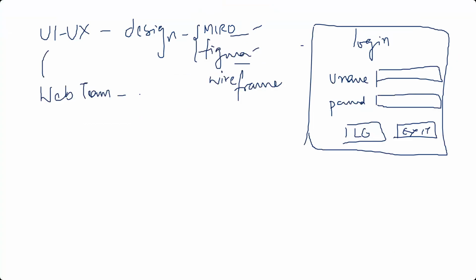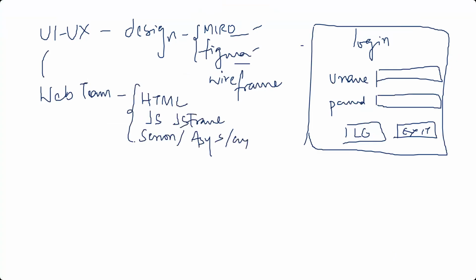The web team will develop the web page using technologies like HTML, JavaScript, some forms of JS frameworks. And they implement session management. They do asynchronous and synchronous calls. So they develop this piece.